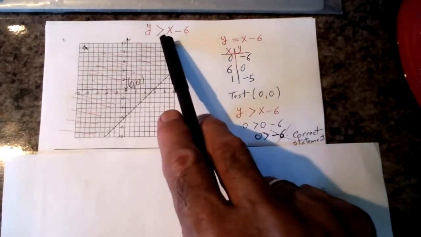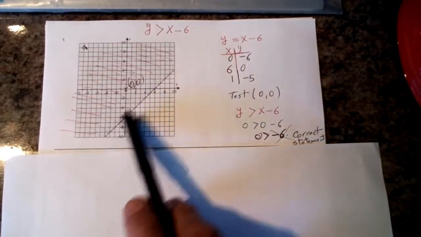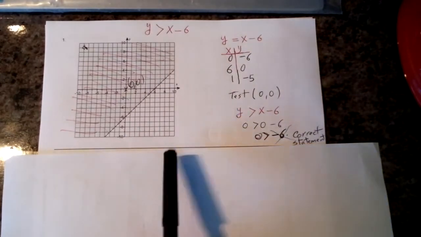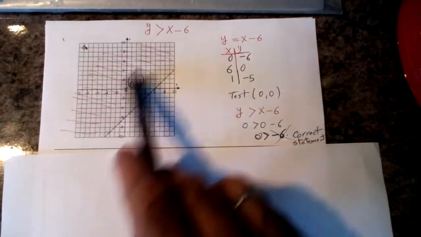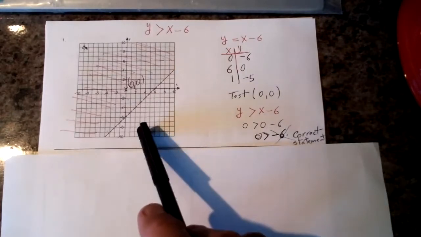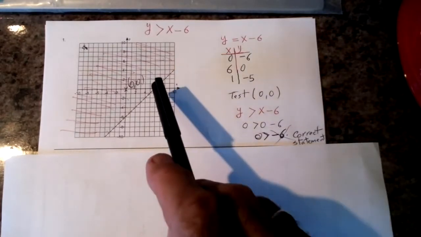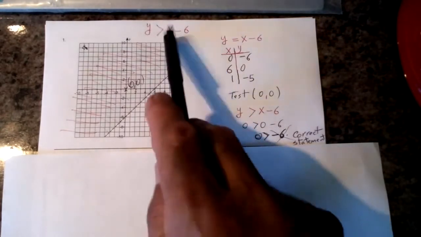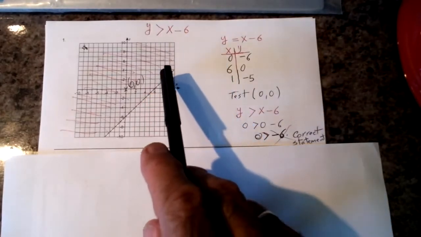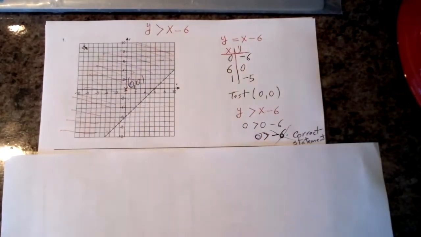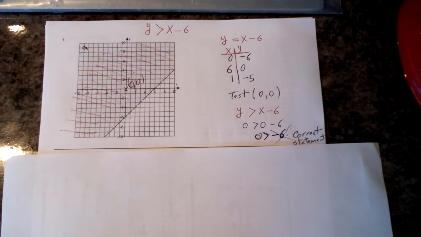Again, remember, if there is no equality sign, there is a broken line. Now, all the good points, the points that we tested and that work, are located either above this line or below this line. In order to decide, all you need to do is test one point.